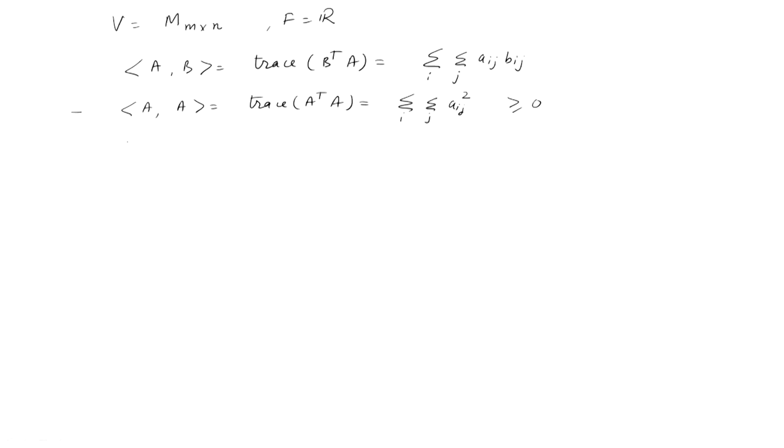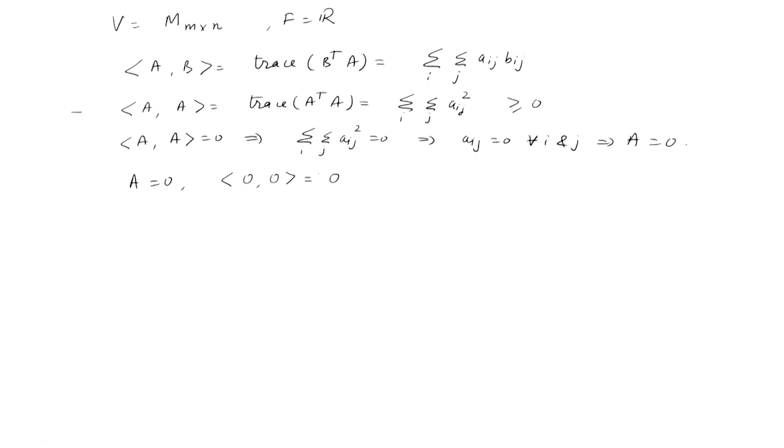Now, inner product of A comma A equal to 0 implies the summation over i, j of Aij whole square is equal to 0, and that is true only when Aij equals 0 for all i and j, and that means matrix A itself is 0. And again, if matrix A is 0, the definition trivially holds, because it is the inner product of 0 and 0, that means trace of 0 transpose 0, which is of course 0. So, the first property holds.